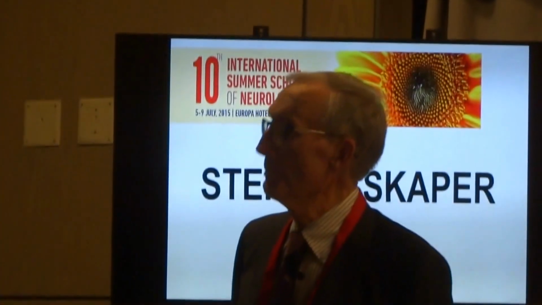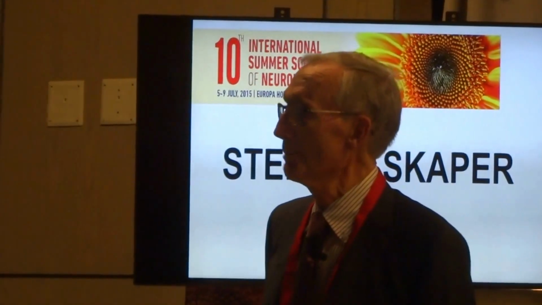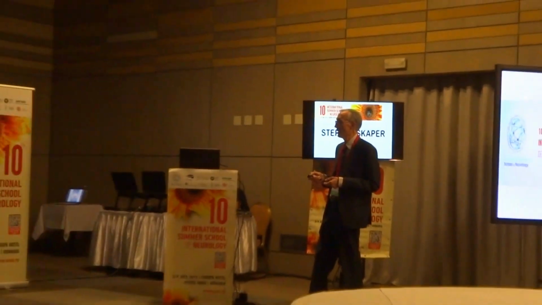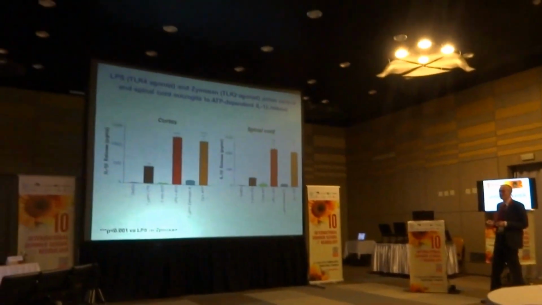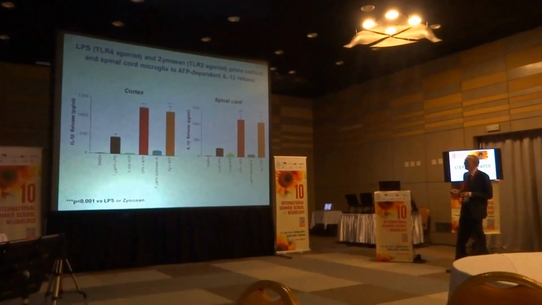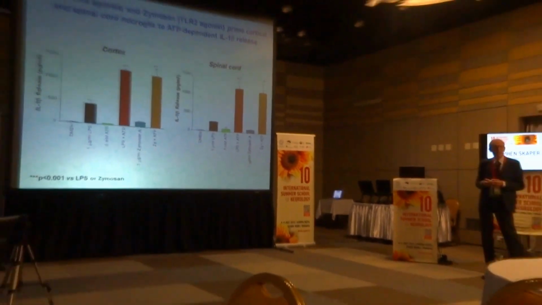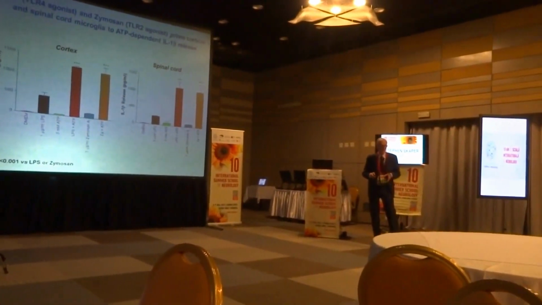So this LPS is a ligand for TLR4, and zymosan, produced from an extract of yeast, is a TLR2 agonist. So expose the cells for a few hours to these agonists. They release some interleukin-1 beta, the pro-inflammatory cytokine, which is actually sort of the master pro-inflammatory cytokine.